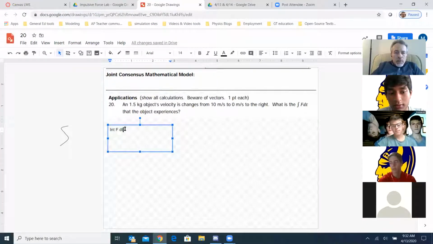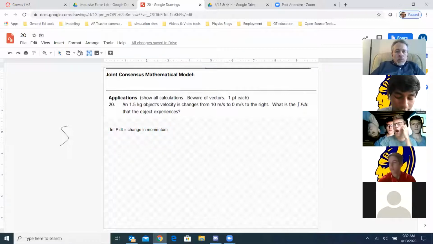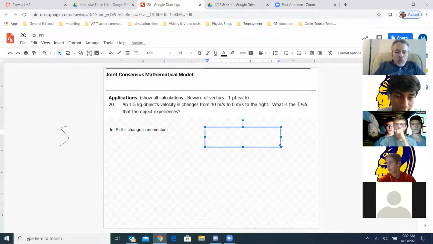That integral of F dt is simply equal to the change in momentum. It's easy for me to write it out in words: change in momentum. To solve that, it would just be the final momentum, pf, minus the initial momentum, pi, which is equal to 1.5 times 0 minus 1.5 times 10.